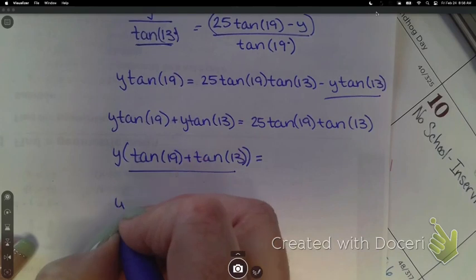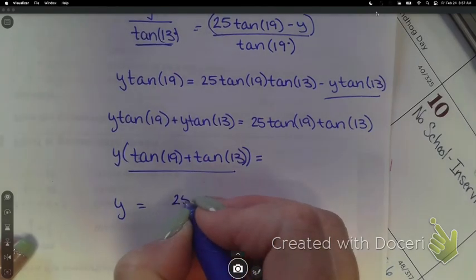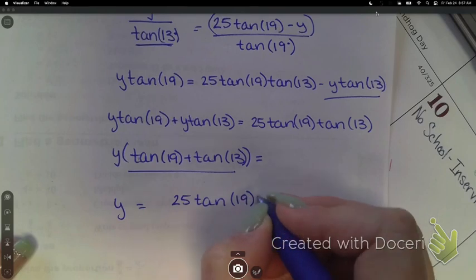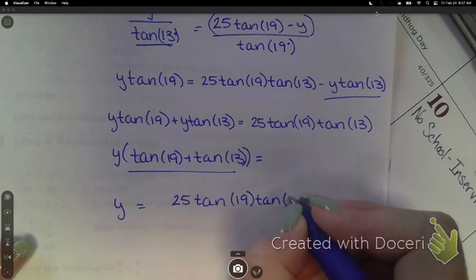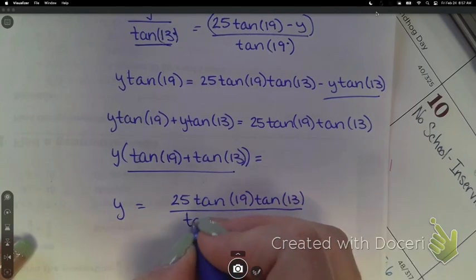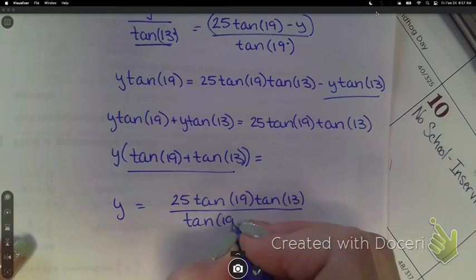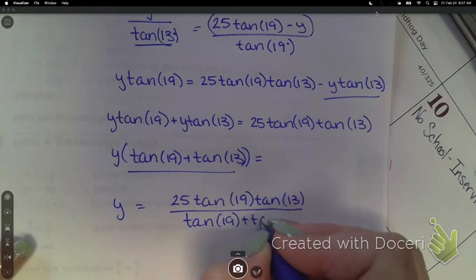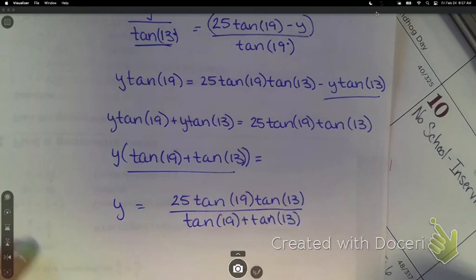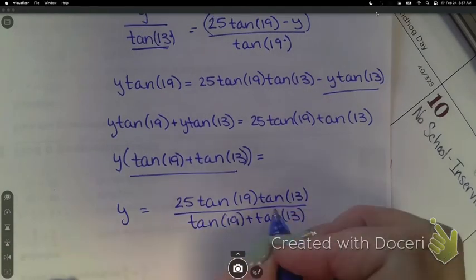So I have y equals 25 tangent of 19 tangent of 13 divided by tangent of 19 plus tangent of 13. So that is going to tell me whether I'm right or wrong.